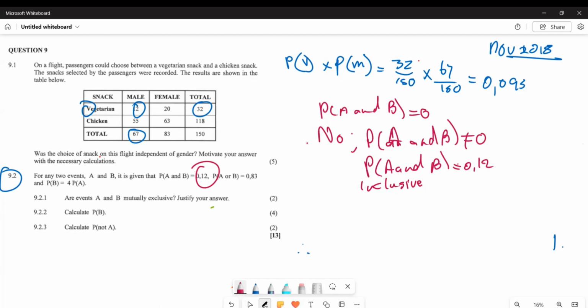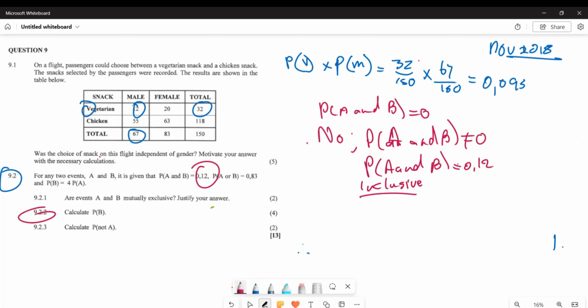Now, thereafter, what is it that you are going to do? The next question wants us to calculate the probability of B. Obviously, because we are proving mutual inclusivity, we are definitely going to use it. But in order for us to use that, let's start here.